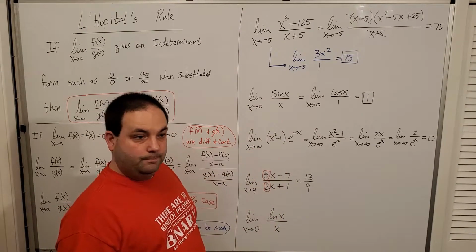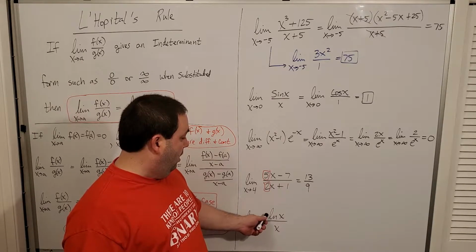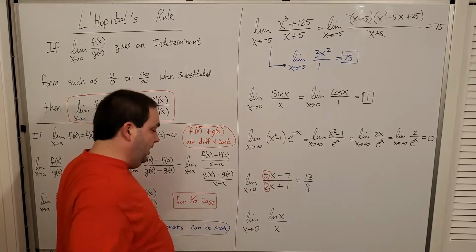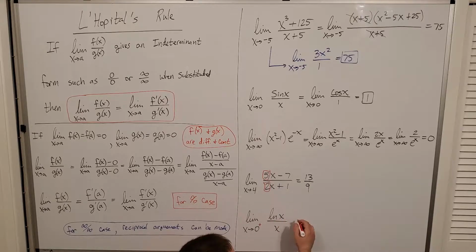Okay? This limit does not fall into L'Hopital's rule because I'm not getting a 0 over 0 or an infinity over infinity. Right here, limit as x goes to 0 of ln x over x. Now be careful here. This really needs to be a limit as x approaches 0 from the right because ln doesn't handle negative values. Okay? But in any case, notice what I'm getting here is negative infinity over 0.